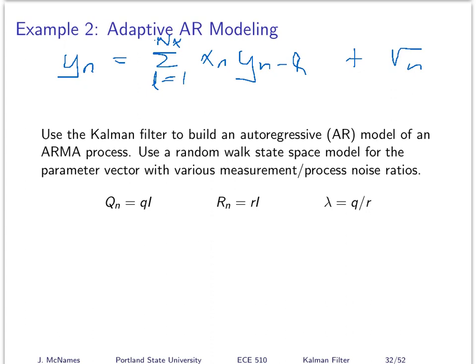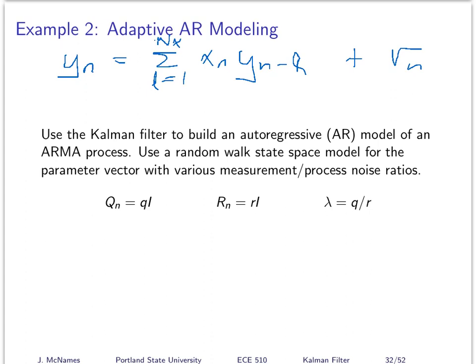When y of n is equal to a linear combination of past values, that makes it an autoregressive process. This is an IIR system that is being driven by white noise, and it only has poles because y of n is only equal to some combination of past values.